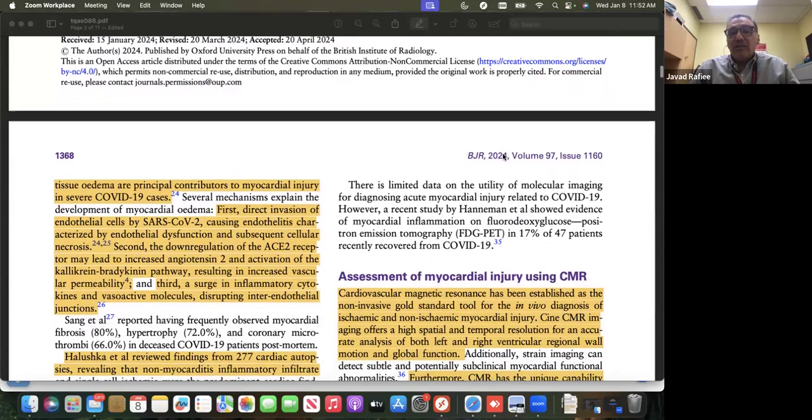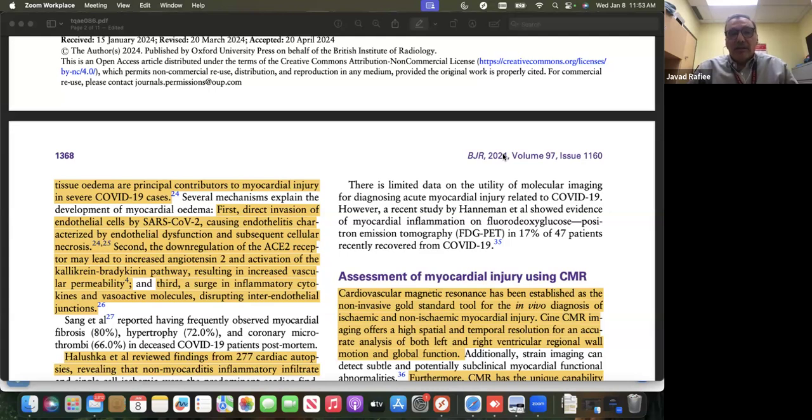There are several mechanisms for myocardial edema during COVID infection. We think the most important is downregulation of ACE2 receptors, the major way for the virus to enter the cells, which leads to increased angiotensin 2 and activation of kallikrein bradykinin pathways.